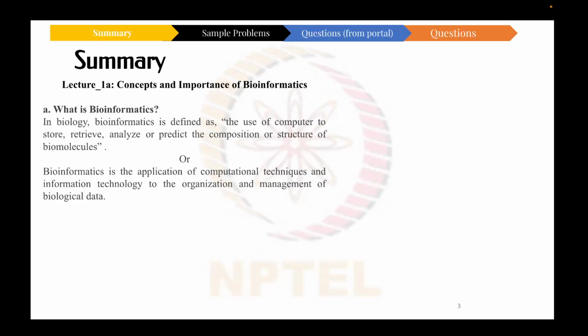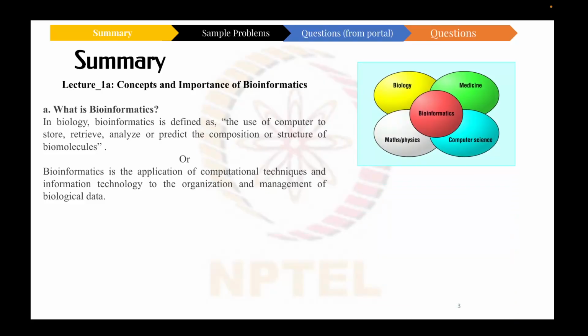So, what areas of knowledge does bioinformatics include? Bioinformatics is a highly interdisciplinary field that draws upon various domains including biology, medicine, mathematics, physics and computer science. So, here, the role of biology: biology acts as a foundational science in bioinformatics, providing the raw data and context for understanding living organisms at molecular, cellular and organism levels.